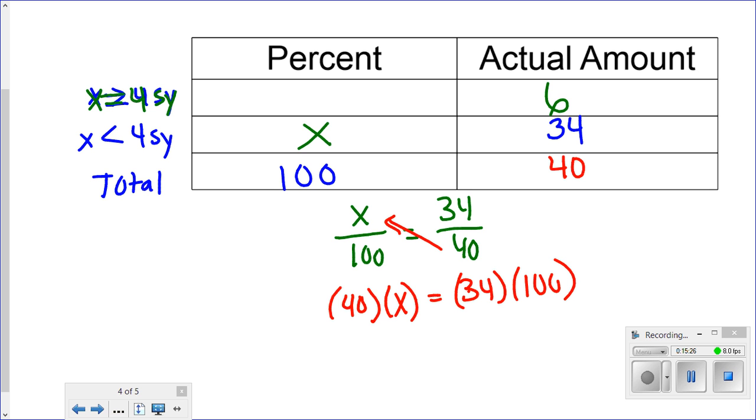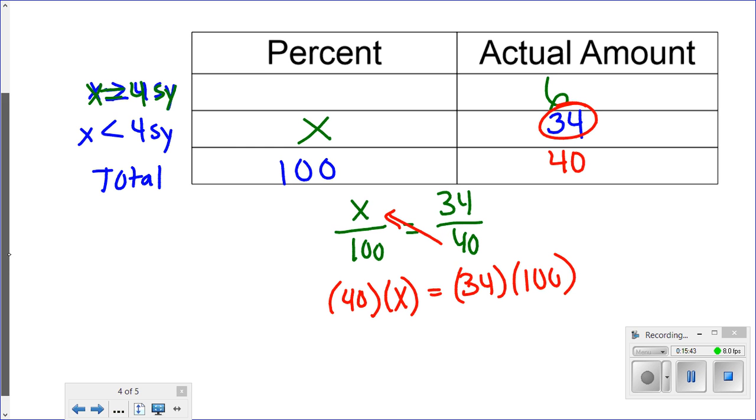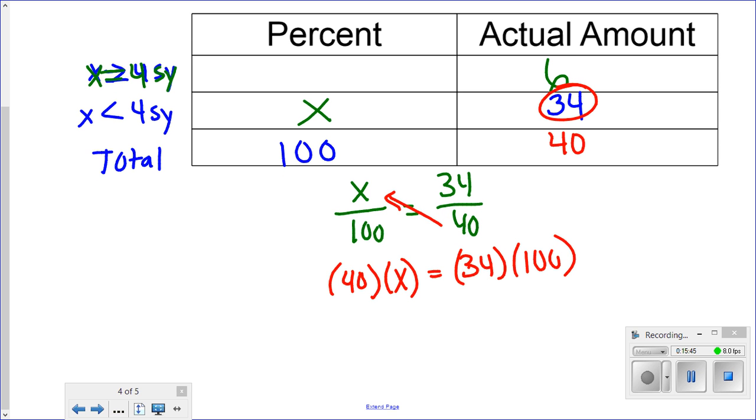Before we solve this problem, I want you to think about if our percent is going to be greater than 50% or less than 50%. If you can see, 34 is greater than 20, which would be 50%. So you can assume our answer is going to be more than 50%. So if we get an answer that's not more than 50%, we got a problem.